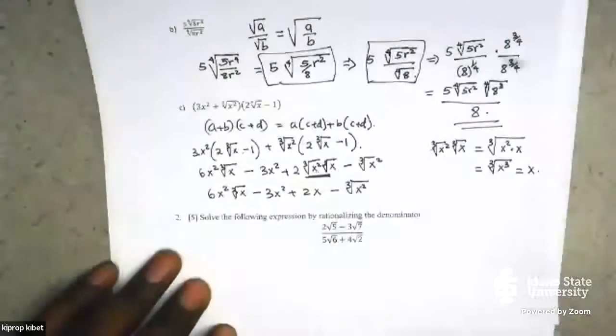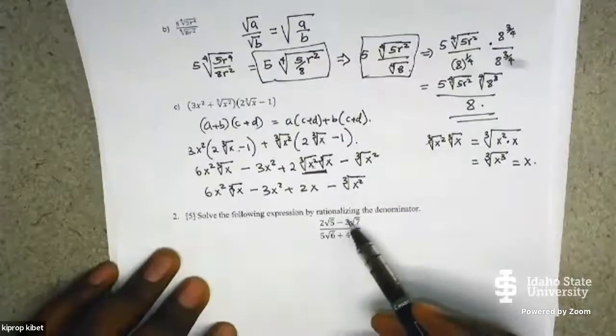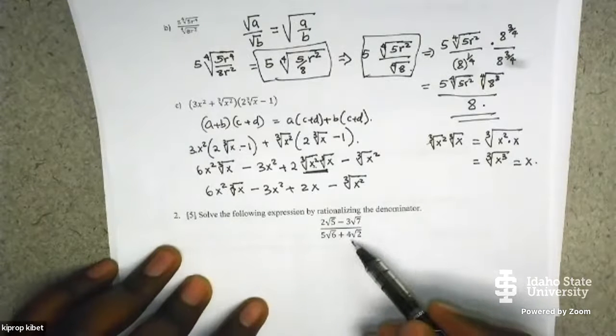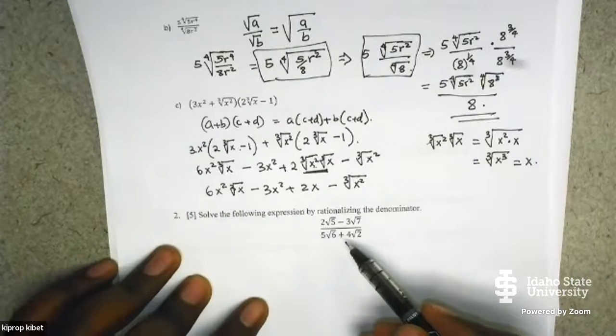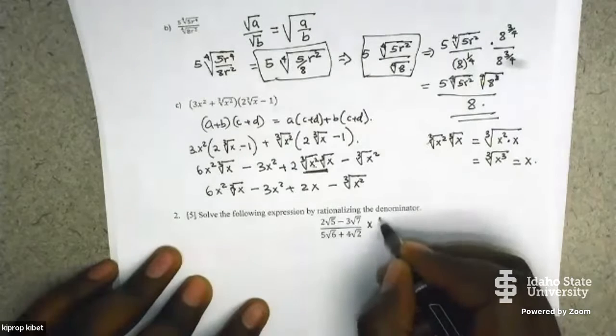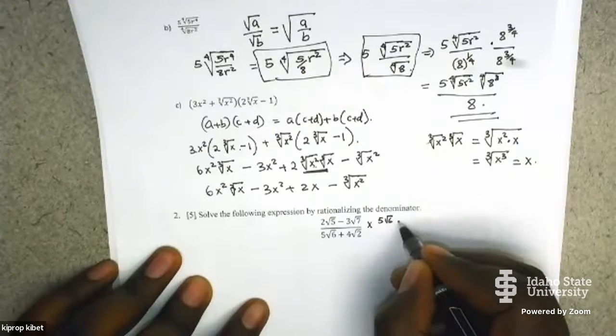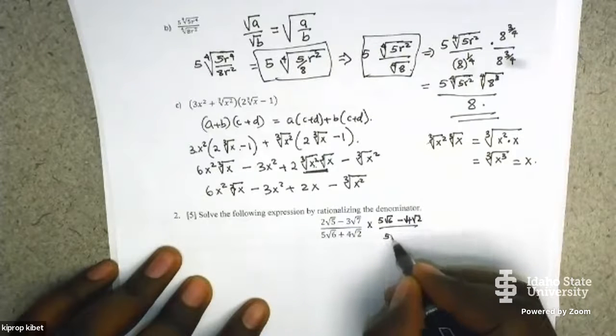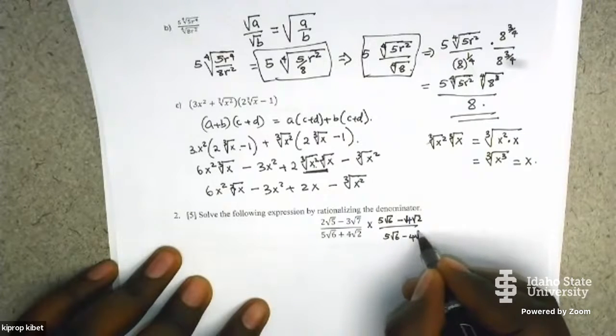The next one here, solve the expression by rationalizing the denominator. How do you rationalize the denominator? You multiply by what? 5 the root of 6 minus 4 the root of 2 all over 5 the root of 6.